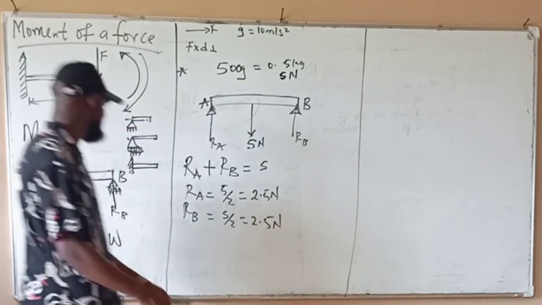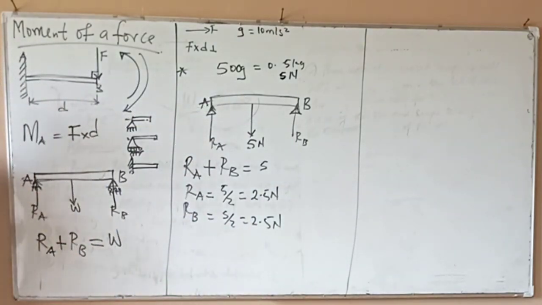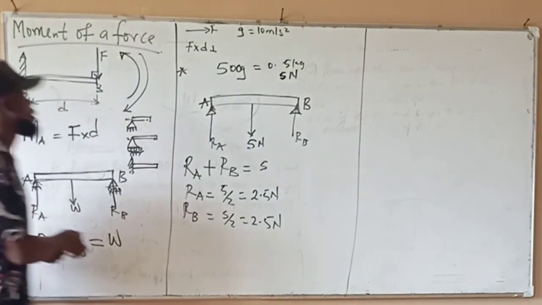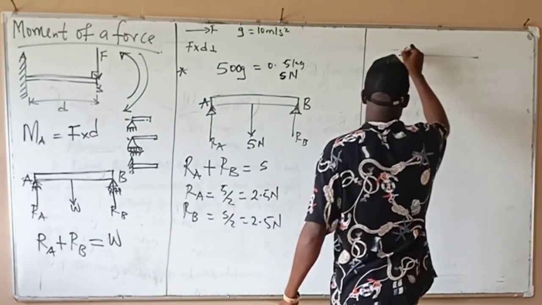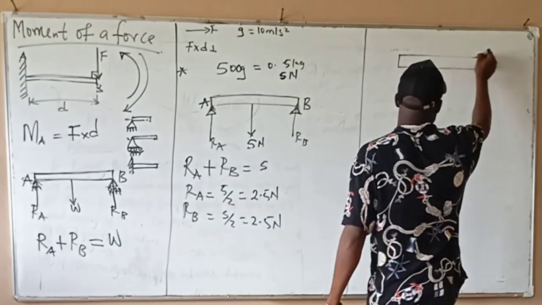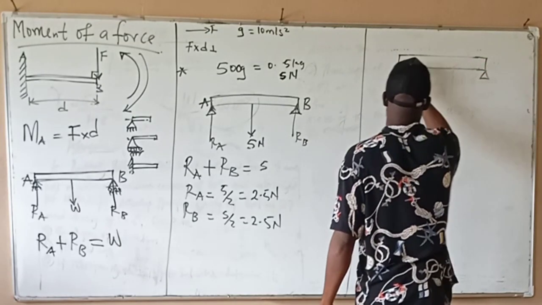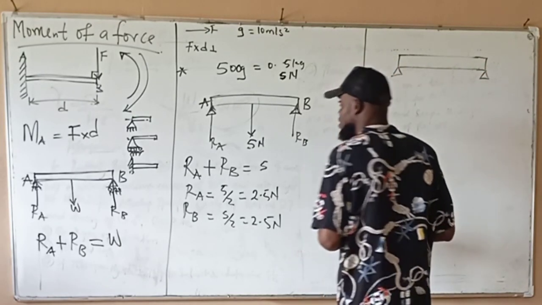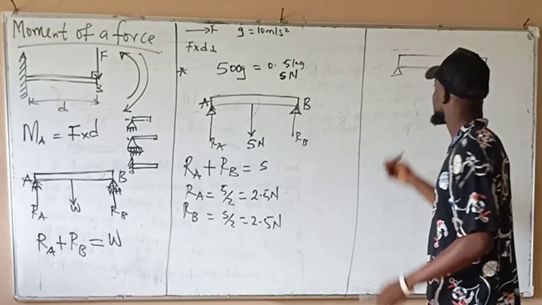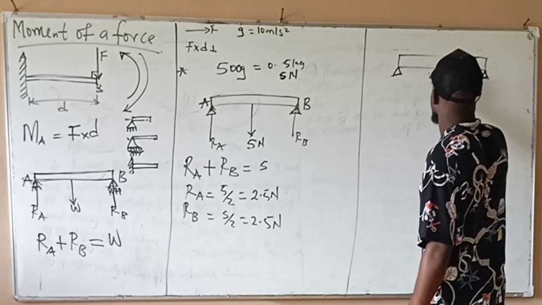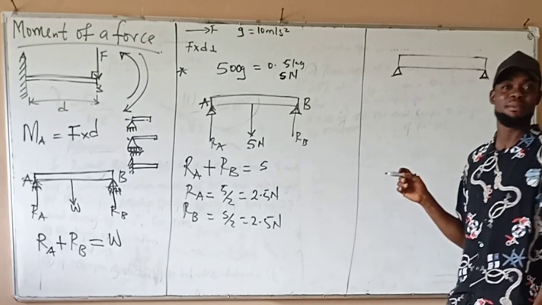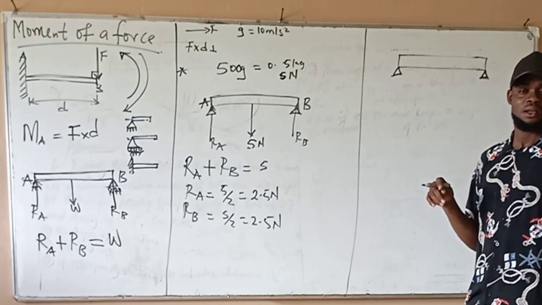Another thing is, let me solve the same question now. Let's assume the pivot is at the free ends, and the loading, the beam, is not symmetrical.